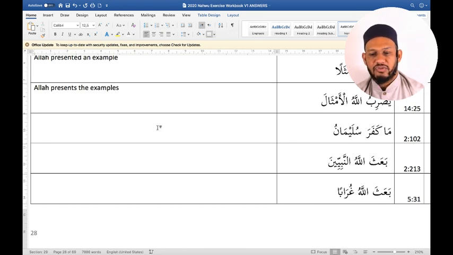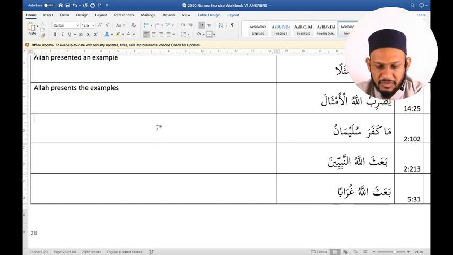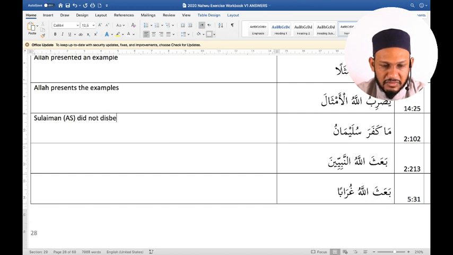So kafara Sulaiman on its own means Sulaiman alayhi salam disbelieved. If I add the ma, it becomes ma kafara Sulaiman. It means Sulaiman alayhi salam did not disbelieve.